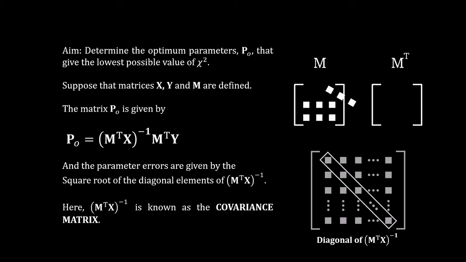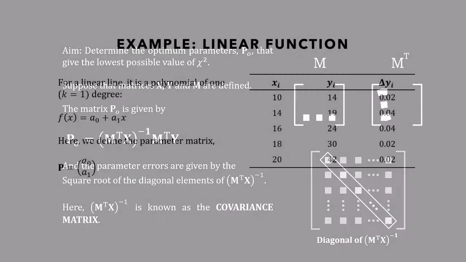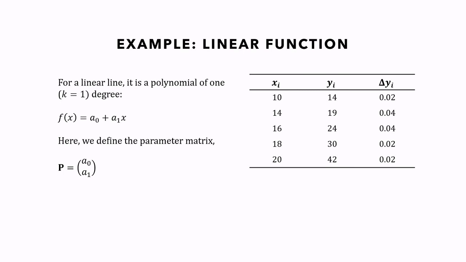For example, suppose that we wish to fit the measurement data given in the table to a straight line model. Again, a straight line model is a 1-degree polynomial. Here, we define the parameter matrix of the straight line consisting of A0 and A1.